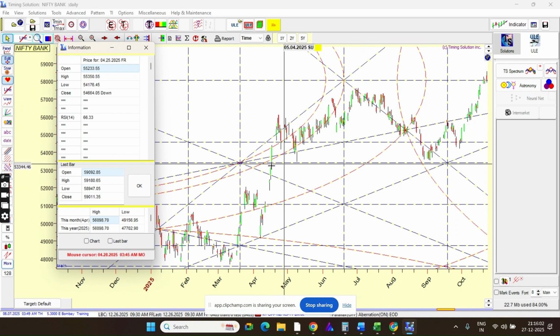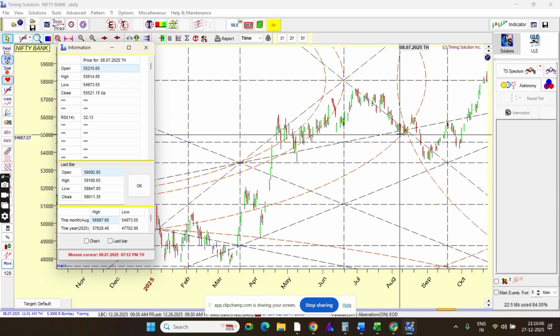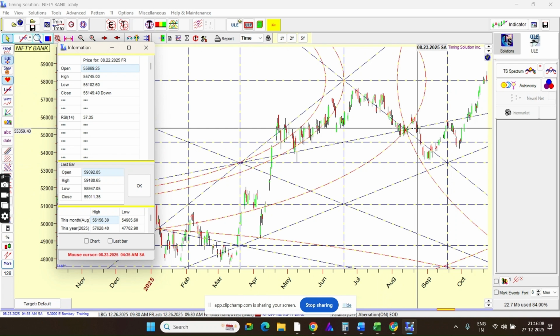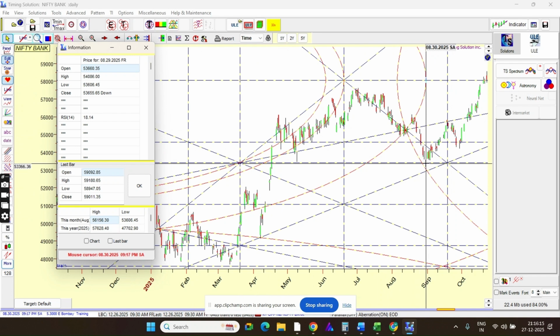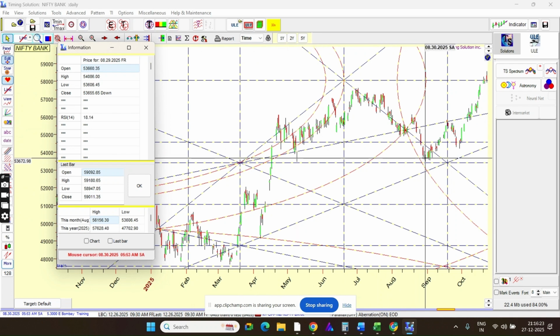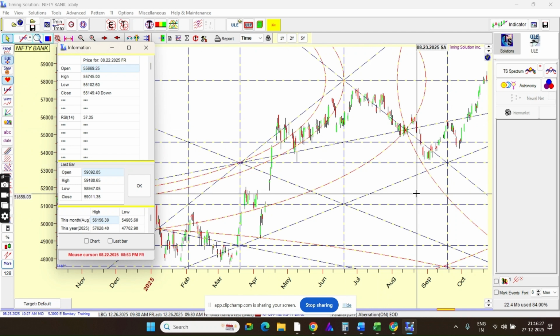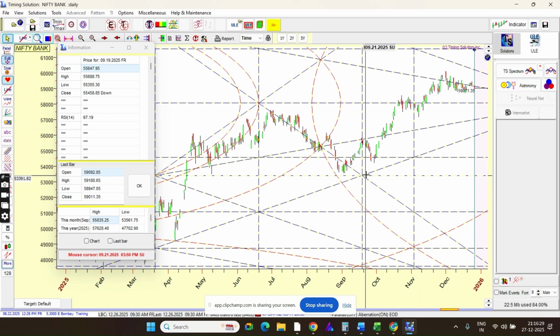Once we broke this angle here in the August fag end, we went to the cluster level again and took support around this bottom, which was made in September earlier. We made a bottom around here in the cluster, and then we did not break this angle.